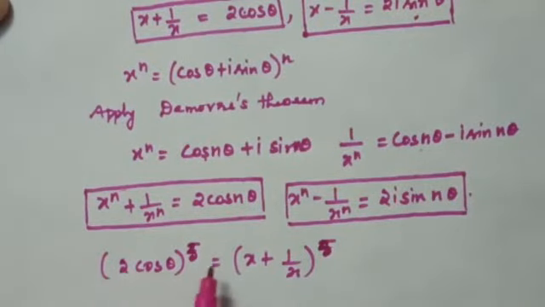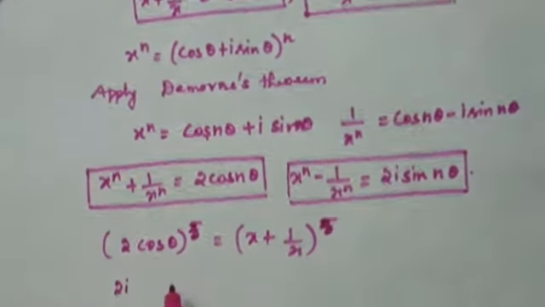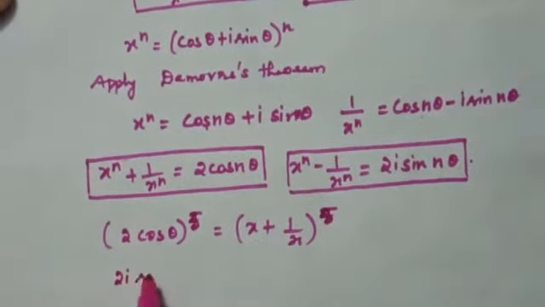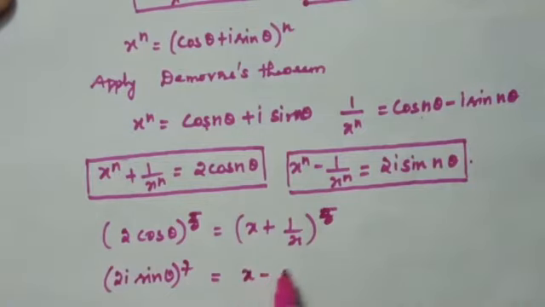So 2 cos theta the whole power 5 is equal to x plus 1 by x the whole power 5, and 2I sin theta the whole power 7, since the power of sine is 7, we will get x minus 1 by x the whole power 7.